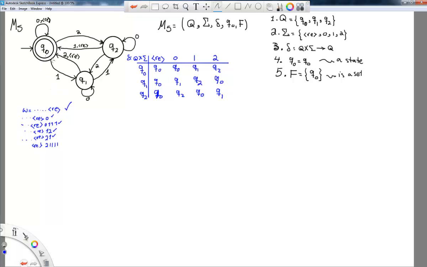So we know that we start with Q sub 0. With a 2, we go to Q sub 2. With a 1, we go back to Q sub 0. With a 1, we go to Q sub 1, we go to Q sub 2, we go to Q sub 0. So this takes me to Q sub 0.